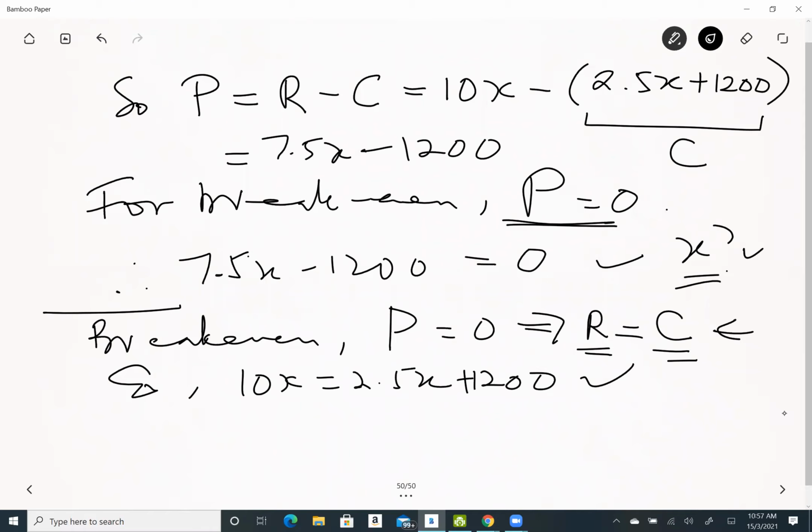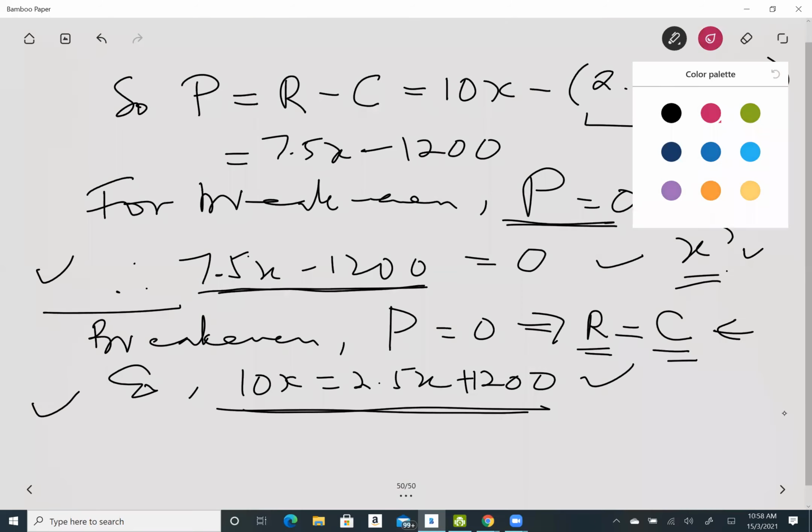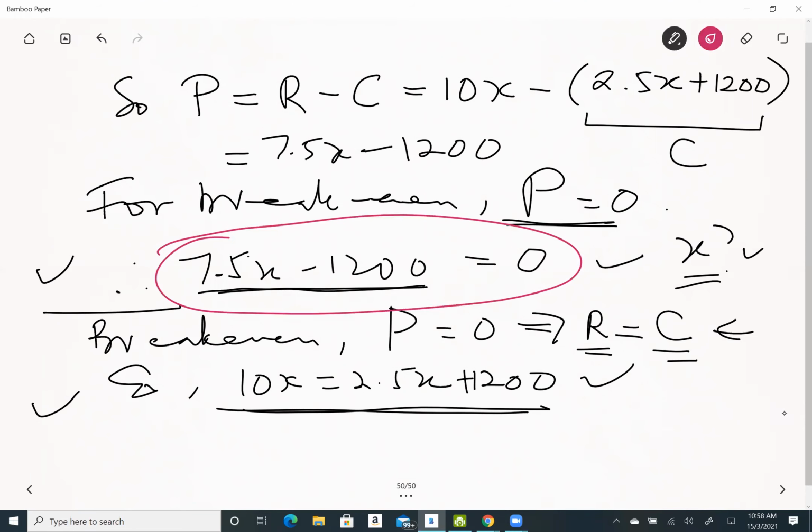Here you bring the x to the other side, and either way you will get the same x. I want you to do both so that we know both. As we answer more questions, sometimes I prefer P equals R minus C because we simplify right away, but R equal to C is no problem.